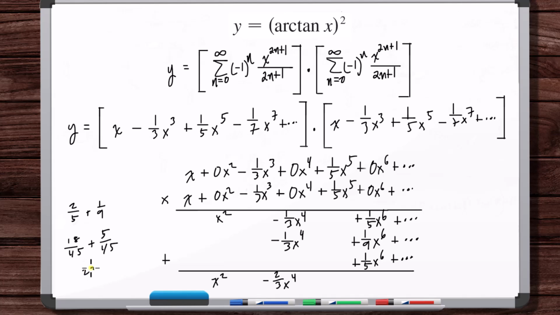So it's 23 over 45. Okay, so plus 23 over 45, x to the 6th. And let's write it like this. This equals x squared minus 2/3 x to the fourth plus 23 over 45 x to the sixth.